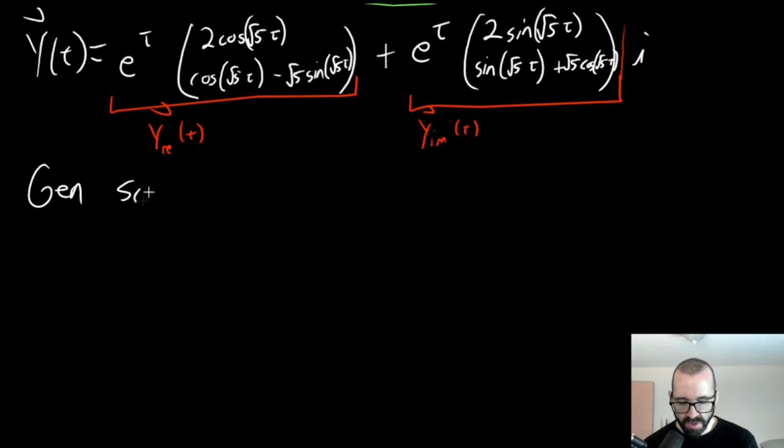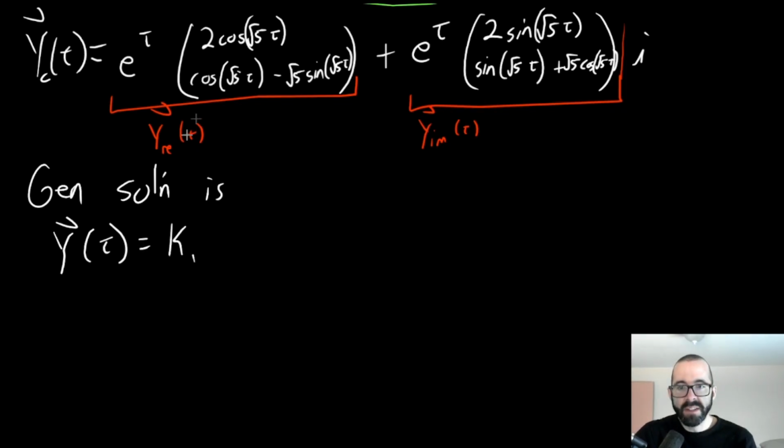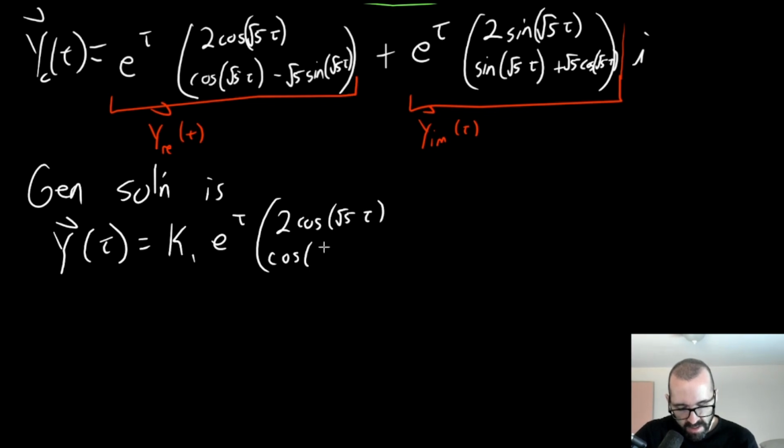So our general solution is, I'll give this a different name, I don't want to use y for both. It's going to be y of t equals any constant times one solution, and this was one solution, e to the t times 2 cosine of root 5t, cosine of root 5t minus root 5 sine of root 5t.